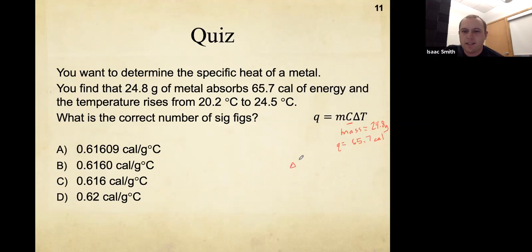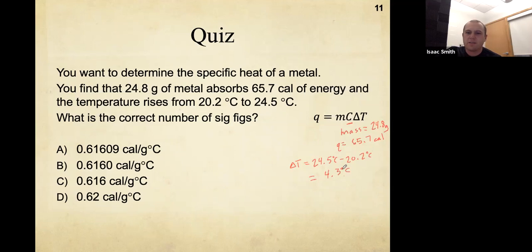So again, delta T equals final minus initial, and the final temperature is 24.5 degrees Celsius, minus the initial temperature, which is 20.2 degrees Celsius, okay? And so that's going to give you a difference of 4.3 degrees Celsius, right?